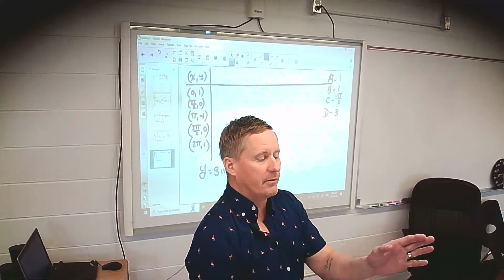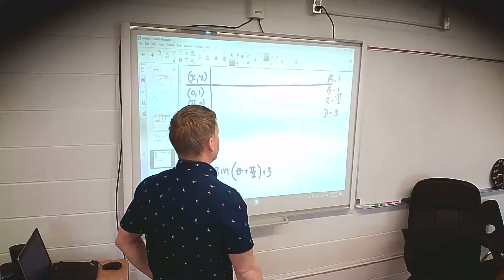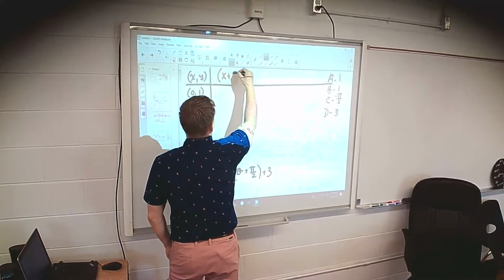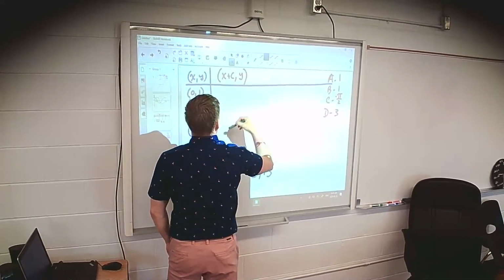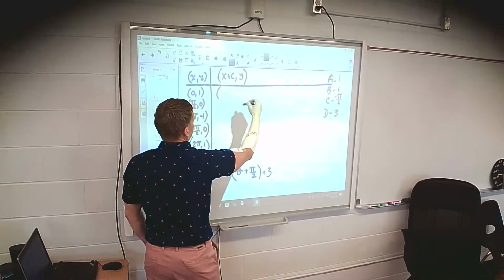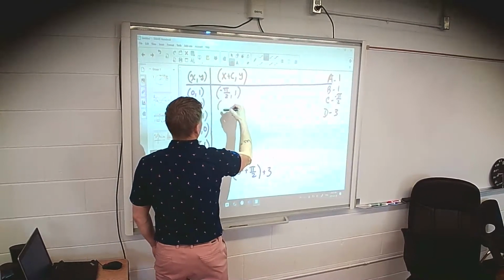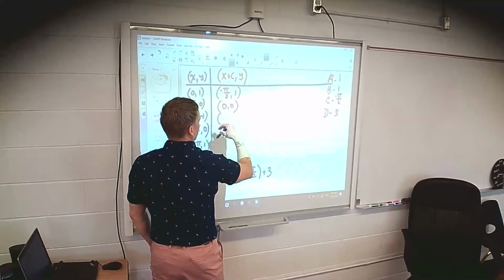I don't have to do anything with A and B. They stay the same. So now all I'm going to do is C. So what do I do with C? Well, I add it to my X value, right? So I get negative pi over 2 and 1. 0 and 0.